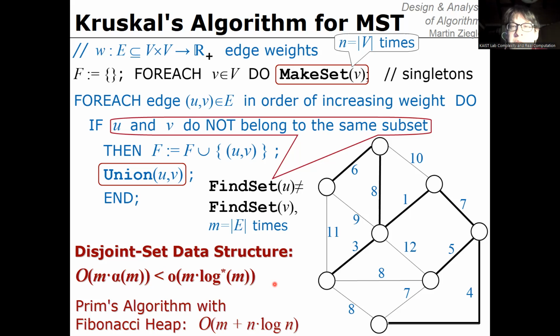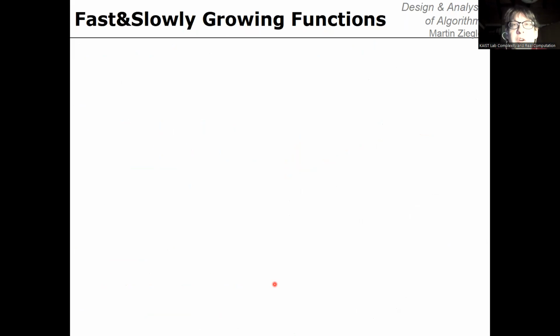And we also started discussing the inverse Ackermann function as part of a collection of slowly growing functions and their dual fast growing functions. They're kind of pairs, antipodes of the same thing.